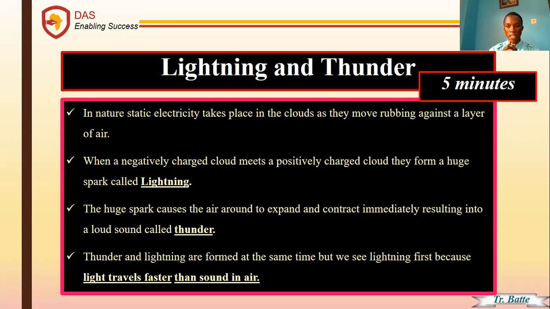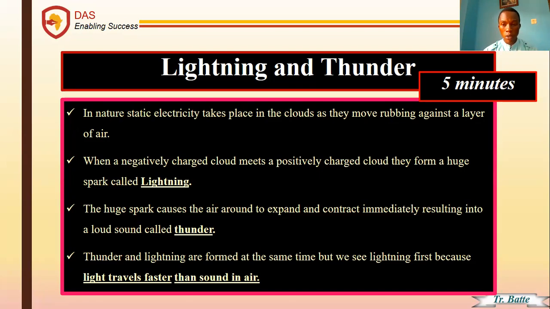So how does lightning take place? Lightning takes place when a negatively charged cloud collides with a positively charged cloud. I hope you are getting me there. So the huge spark causes the air around to expand and contract immediately.